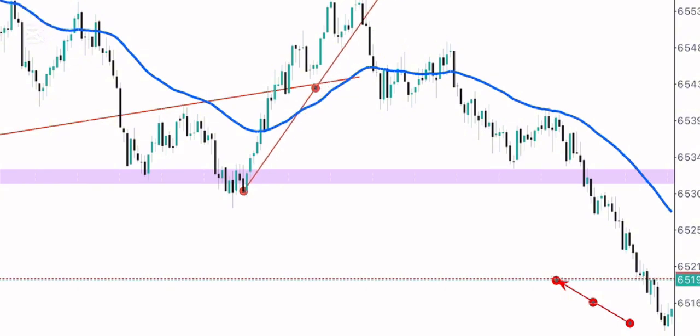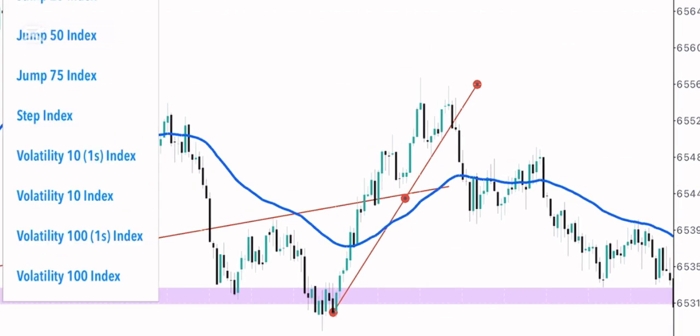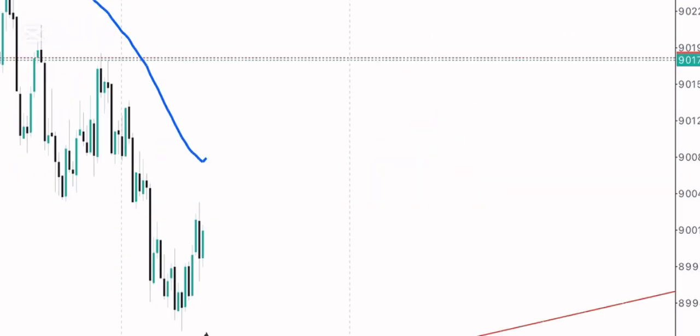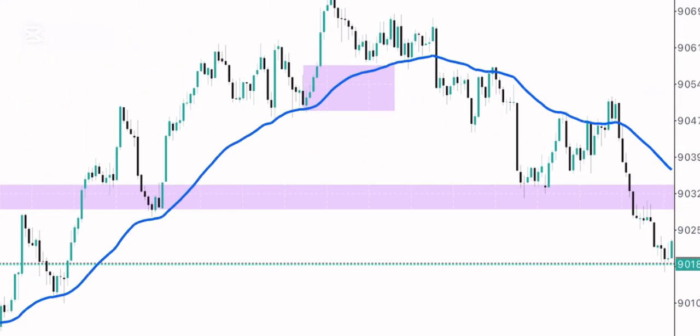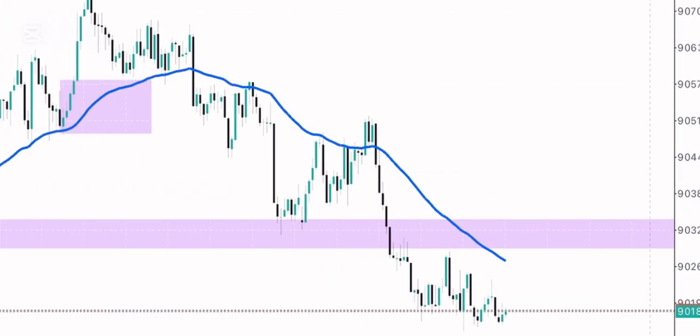Yeah, I think I took a trade on something like that today. Where was it? That was Jump 10. I think I took a trade like that today. Let's see. Jump 10. Is this?